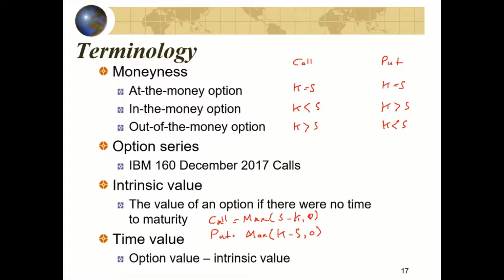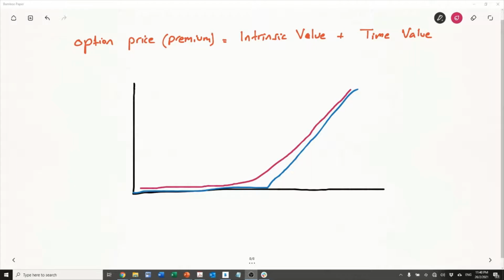The time value of an option is the difference between the option value and its intrinsic value. When we compare the actual option prices to the intrinsic value, we will see that there is a difference. This difference belongs to the time value.